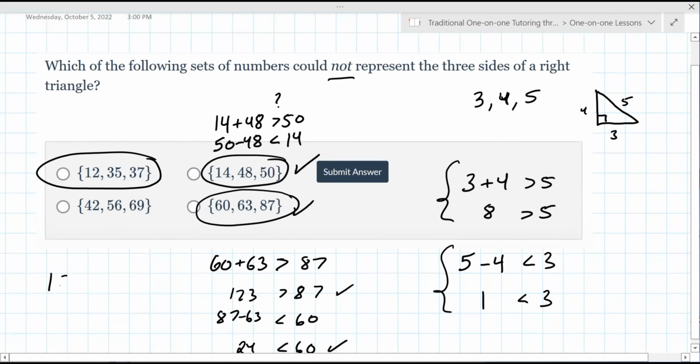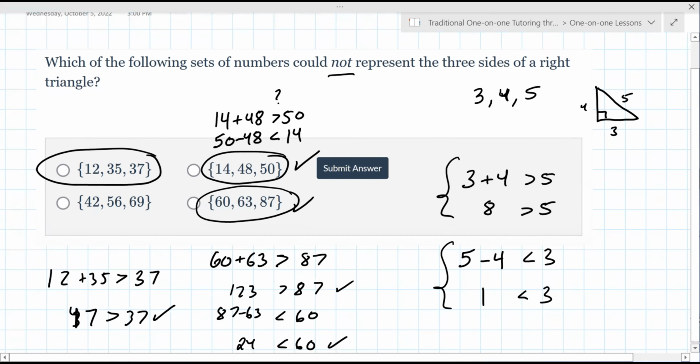Is 12 plus 35 greater than 37? I'm sorry, let me back up here. Is that greater than 37? Yeah. So we have 47 greater than 37. That's good.